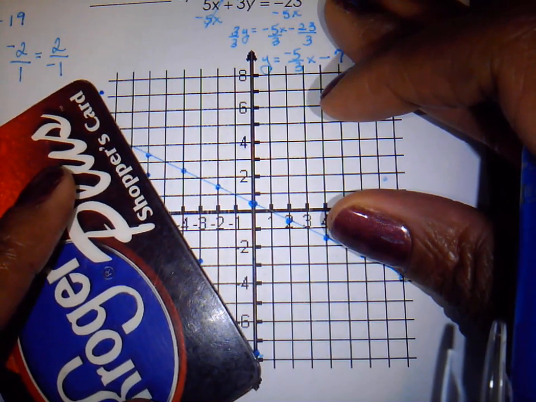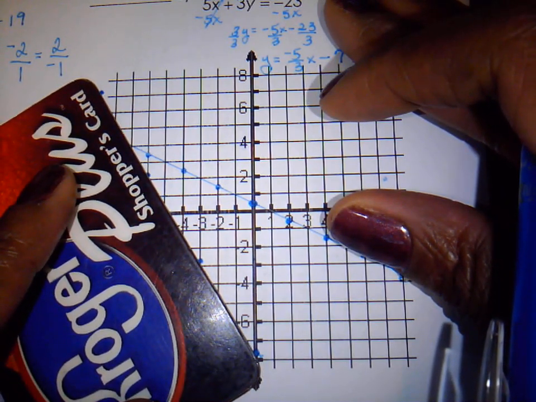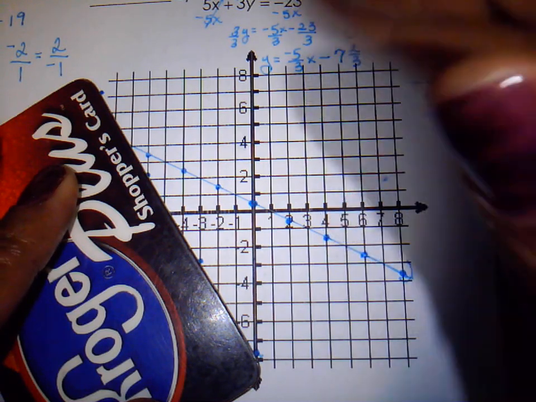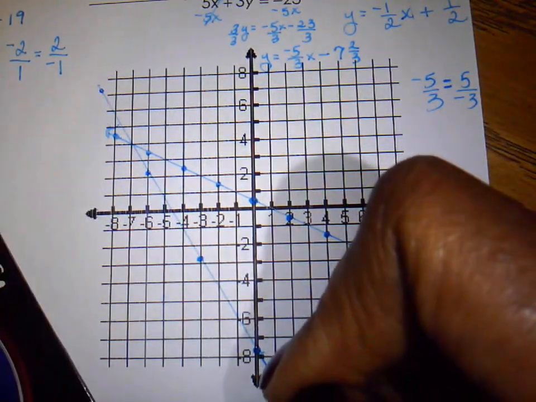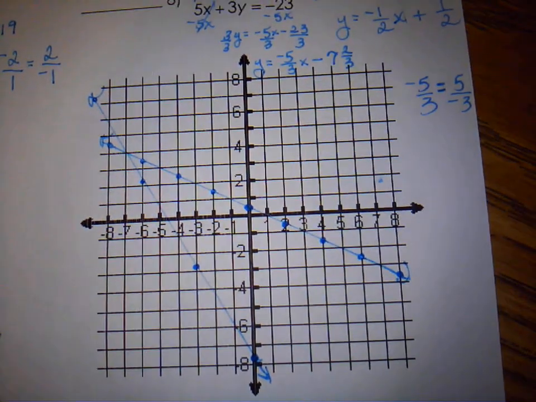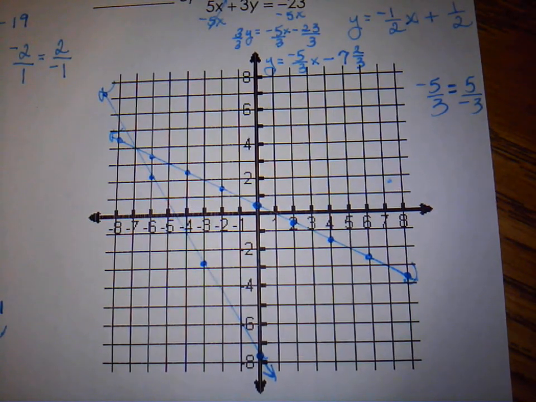And when I connect my dots, boy, oh boy, this one was tough, yeah? Okay. What do my lines cross up? -7 and 4. That's where they cross up.